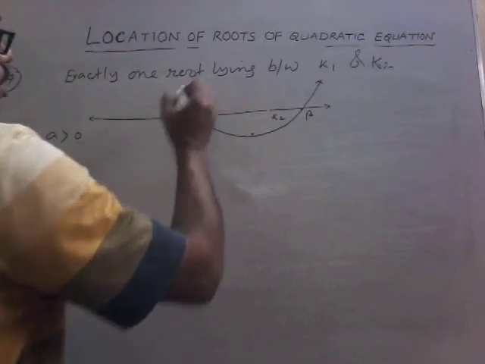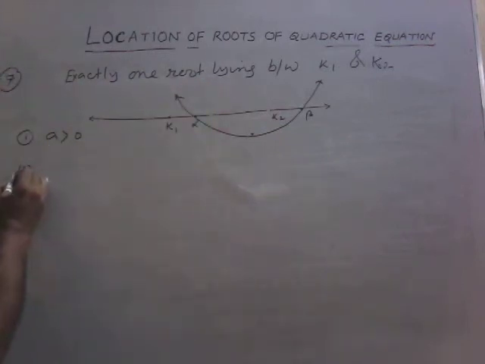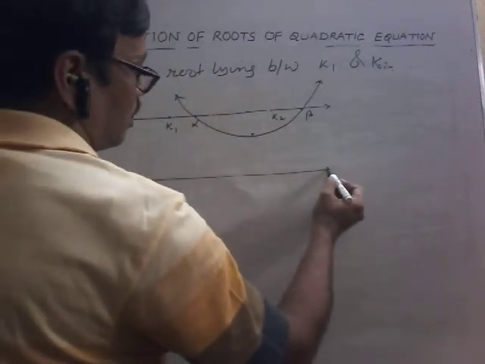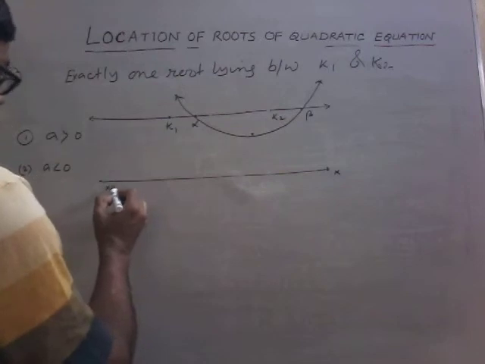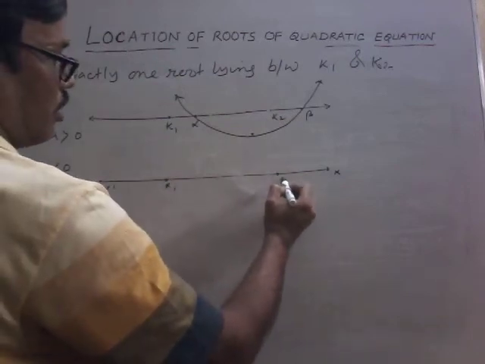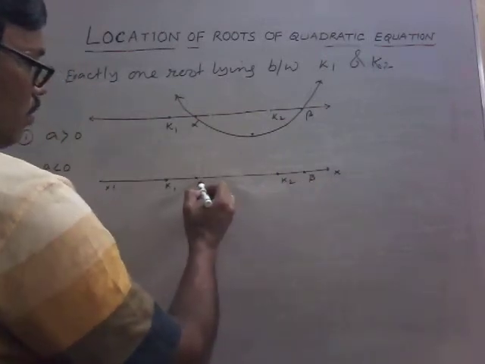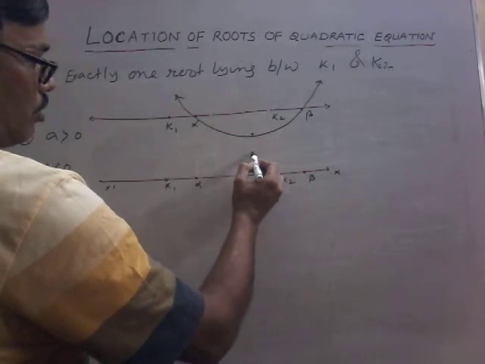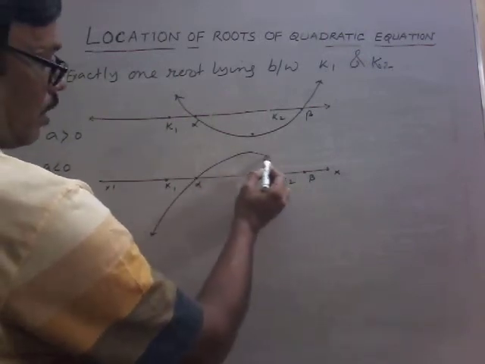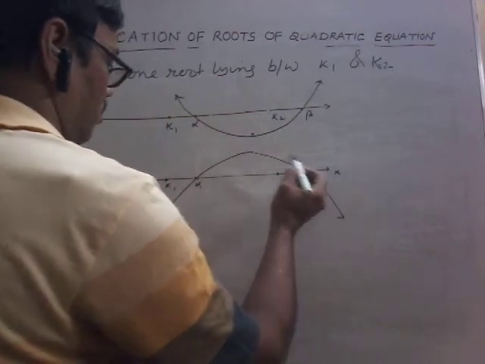This is our figure. And for A less than 0, same figure, x dash. This is K1, this is K2, this is beta, this is alpha.